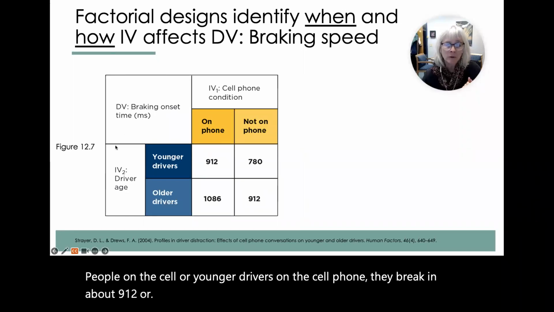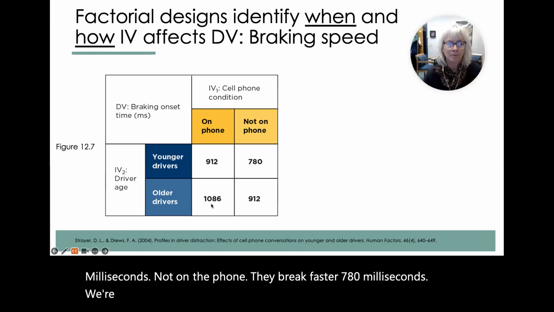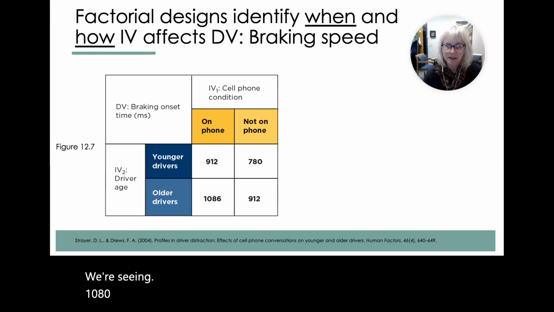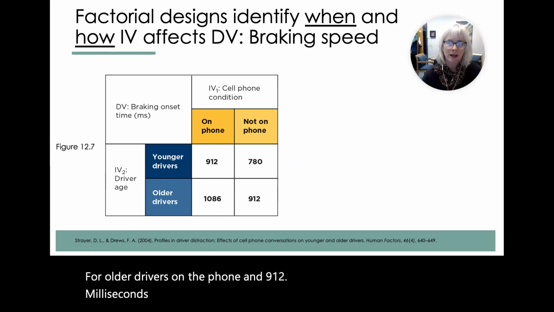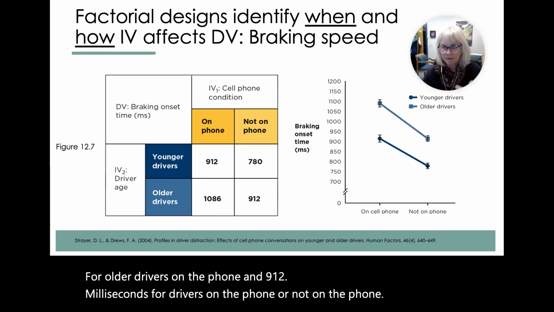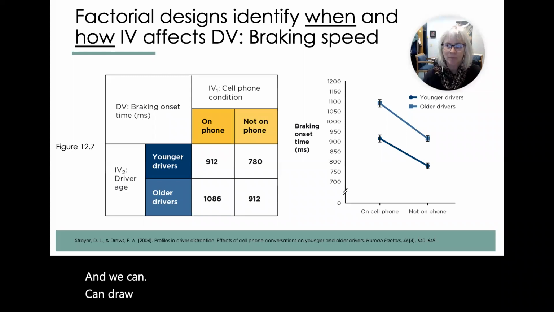Not on the phone, they brake faster, 780 milliseconds. We're seeing 1086 milliseconds for older drivers on the phone, and 912 milliseconds for drivers not on the phone. And we can draw this in this way.